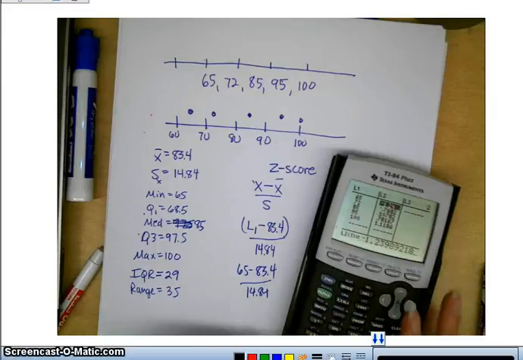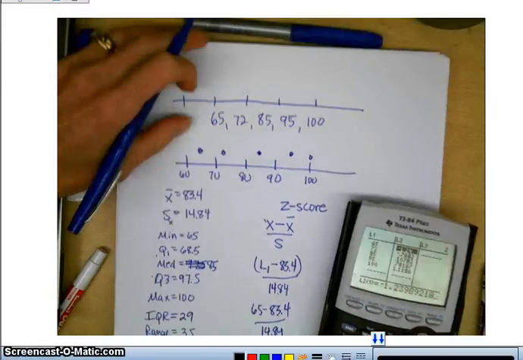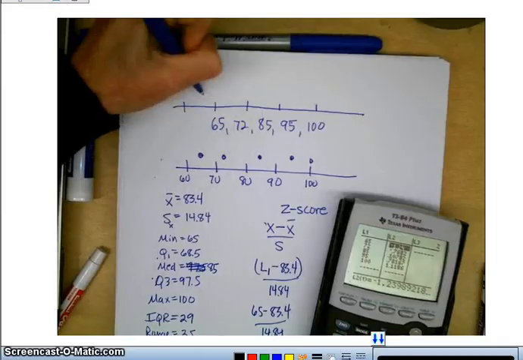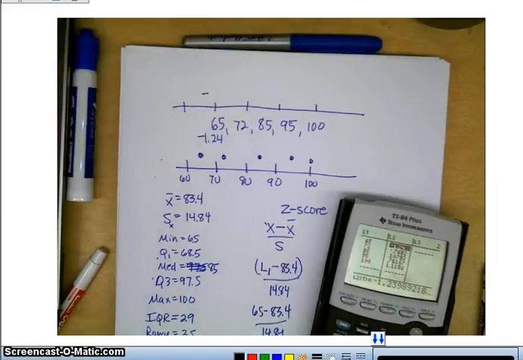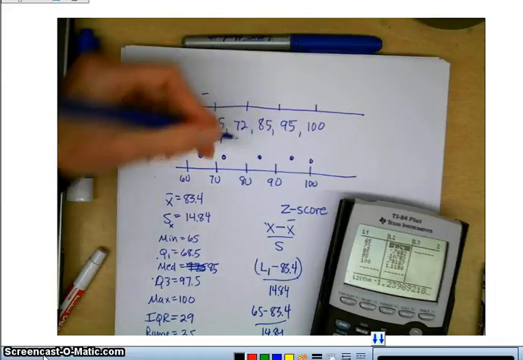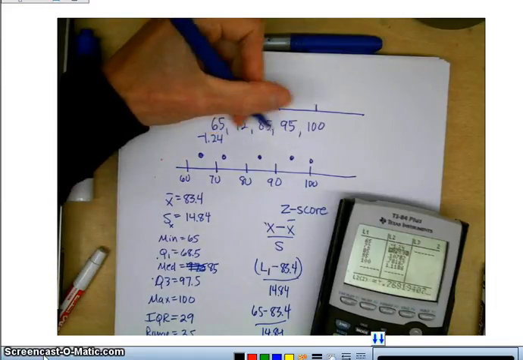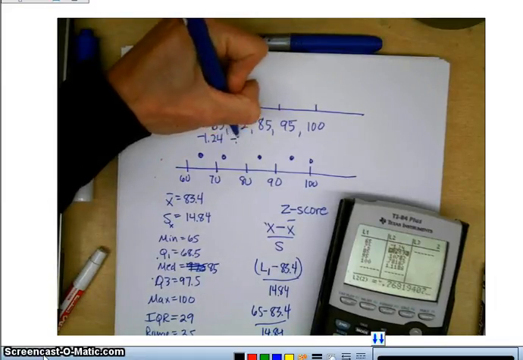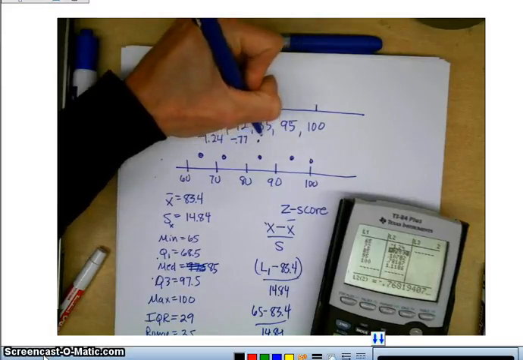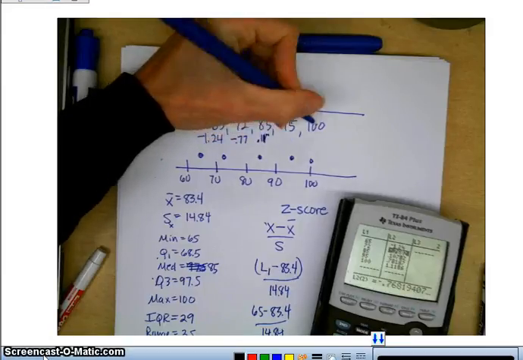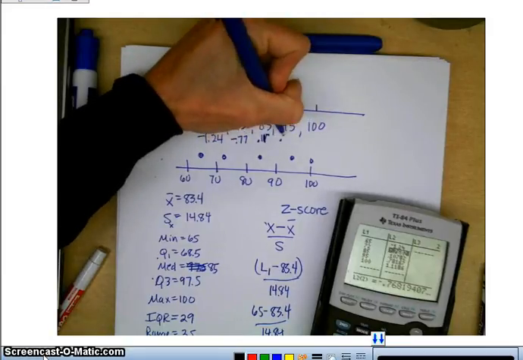It automatically fills those in. So this score of 65 is a negative 1.24. It means 1.24 standard deviations below the mean. 72 is a z-score of negative 0.77. 85 is a z-score of 0.11. 95 is a z-score of 0.78.